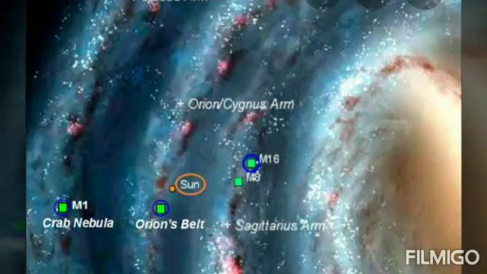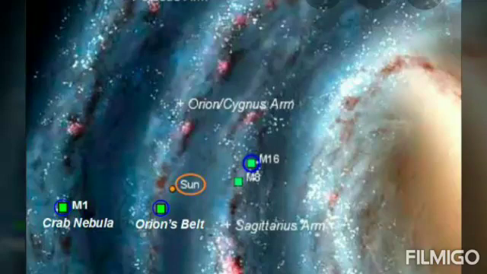Now we come to the galactic scale, which is the Orion arm. Our sun is present in the Orion arm. It's 10,000 light years in length. It is a spiral arm of the Milky Way Galaxy and is a subpart of the Sagittarius arm.